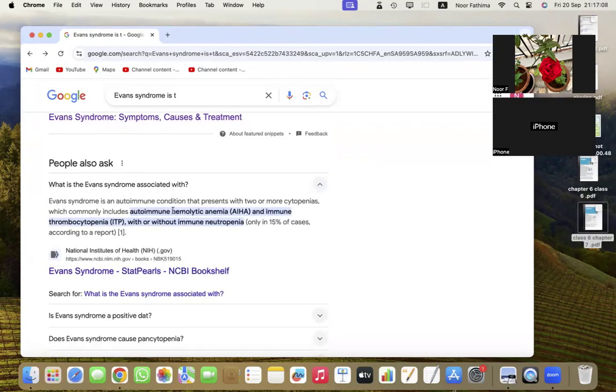Evans syndrome is an autoimmune condition that presents with 2 or more cytopenias, which commonly includes autoimmune hemolytic anemia and immune thrombocytopenia, with or without neutropenia in only 15% of cases. So the common thing is autoimmune hemolytic anemia and immune thrombocytopenia.